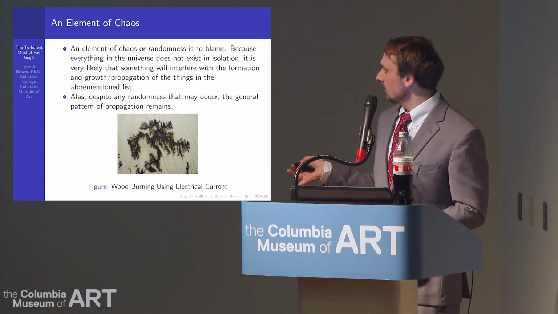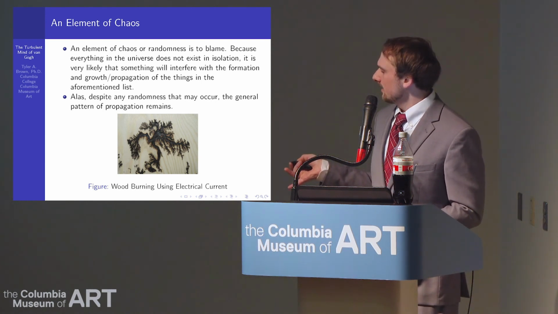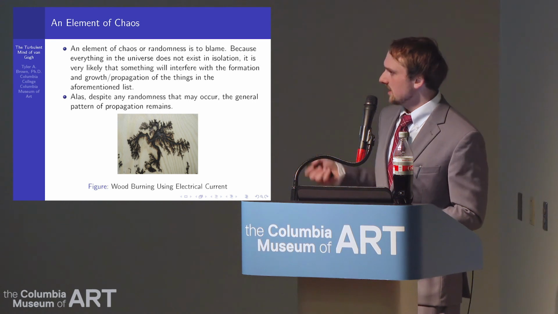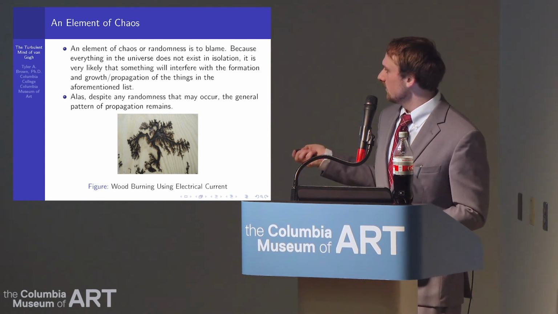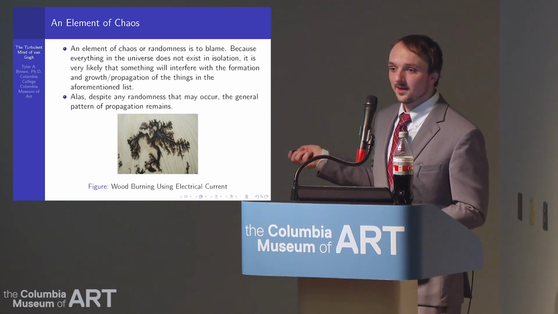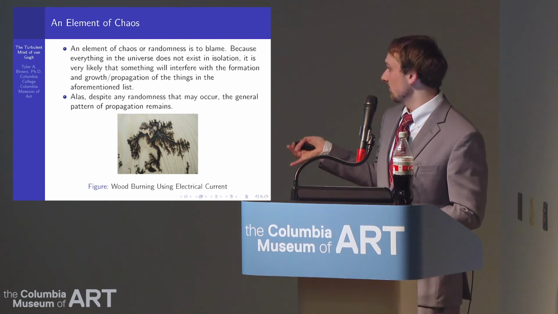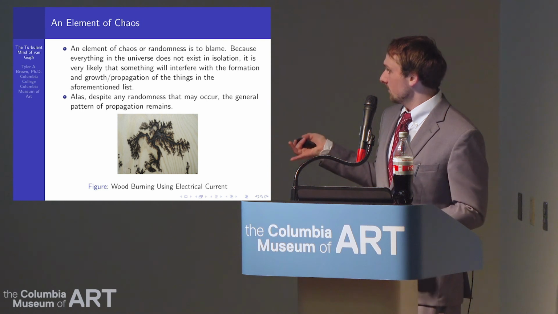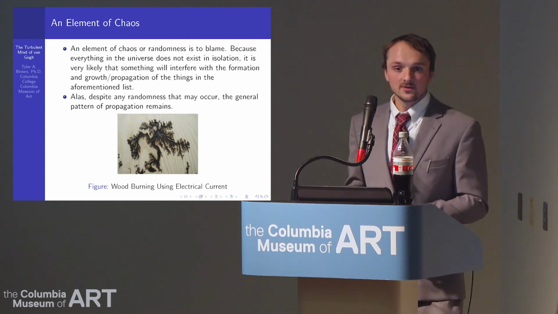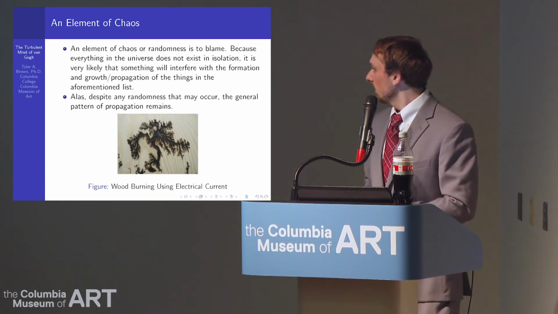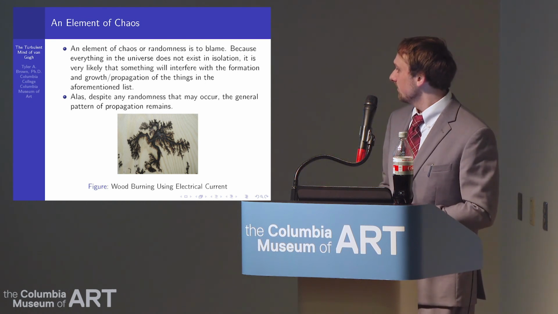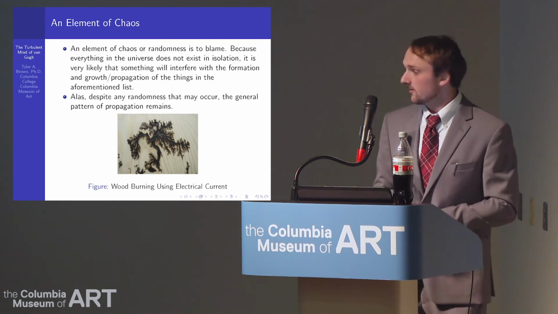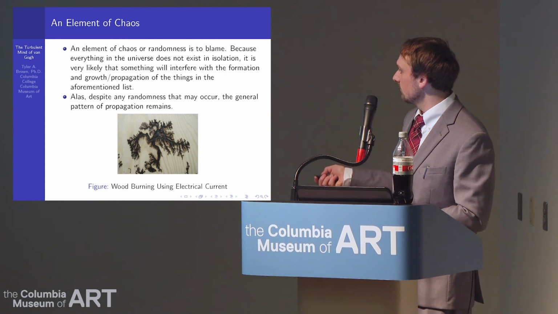They took an electrical diode, I think it was a diode, and sent a huge amount of current into this piece of wood, and then, like lightning, it propagated out and burnt away the wood to make the shape of a tree, and also the shape of lightning, for lack of better terms. So that's chaos amid structure. You have your main structure, big branches creating smaller branches creating even smaller branches.